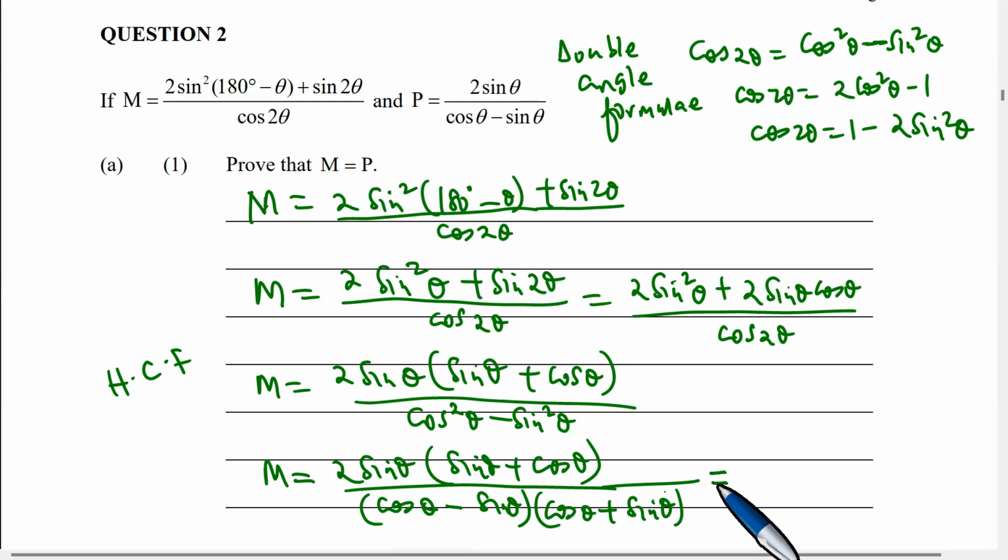If you simplify, the sine theta plus cosine theta cancels the cosine theta plus sine theta, and it leaves us with 2 sine theta divided by cosine theta minus sine theta. And this, 2 sine theta over cosine theta minus sine theta, is equal to P. So it means therefore that M is equal to P.